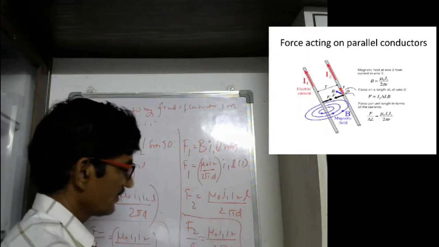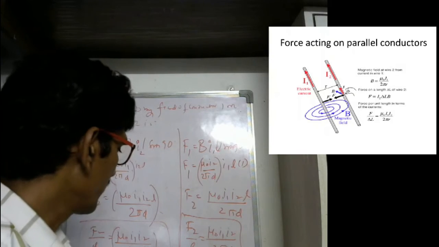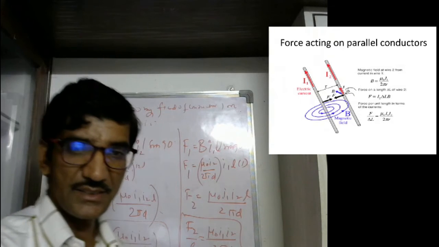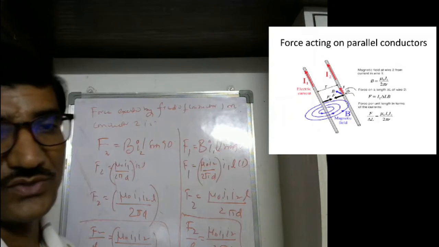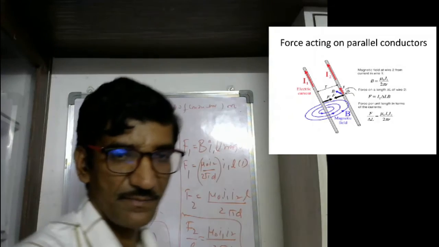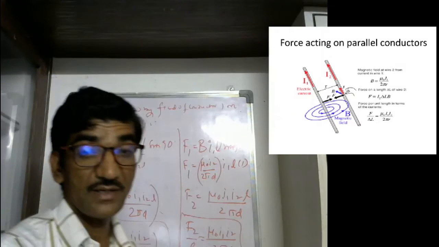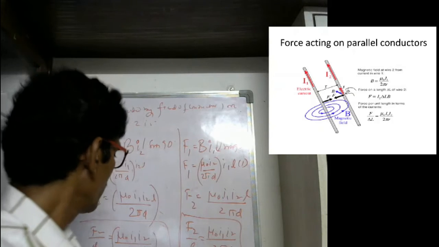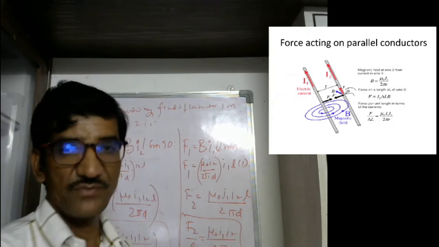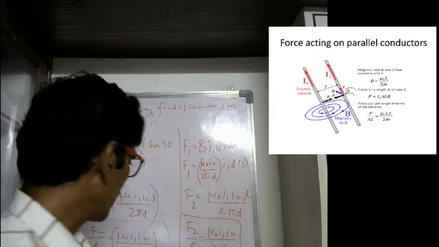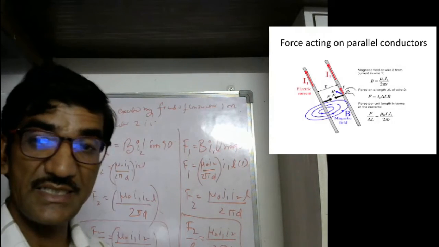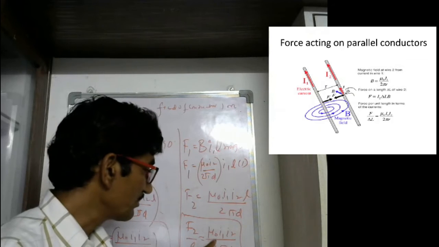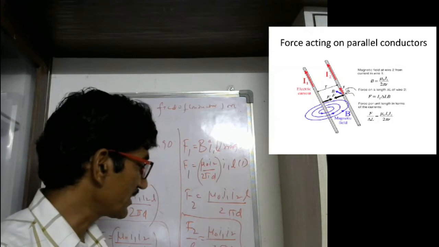This is again mu naught I1 I2 by 2 pi D. So each conductor is exerting the same force on the other conductor per unit length. So the force acting between the two parallel conductors separated by distance D is mu naught I1 I2 by 2 pi D.